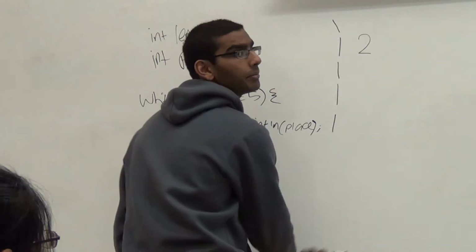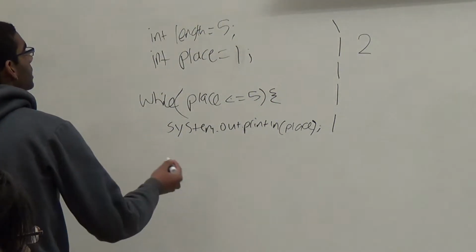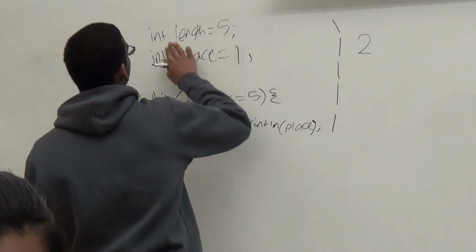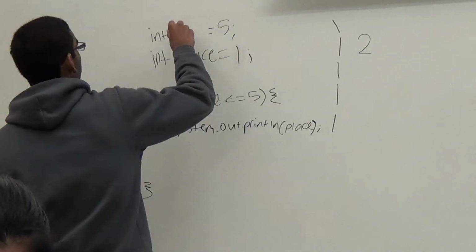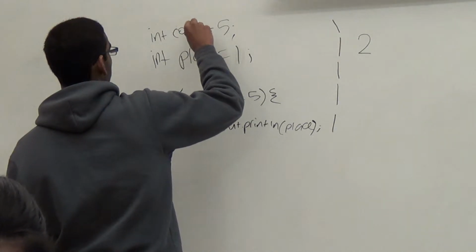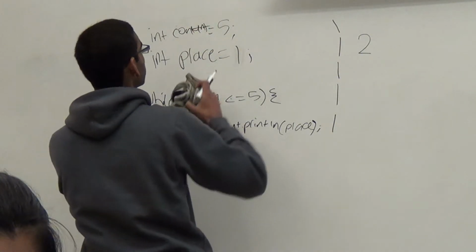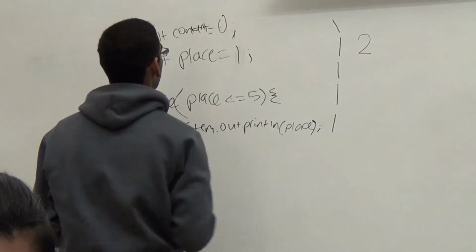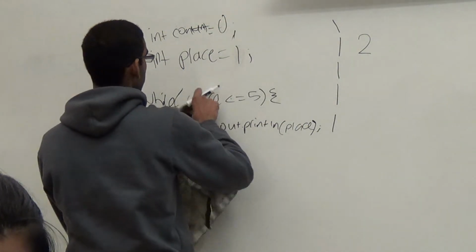Right? So if we want to bound it to only 5 ones, we would have a separate variable instead of length. We would call it like count, equal to 0, right? And instead of here, we change this to count.